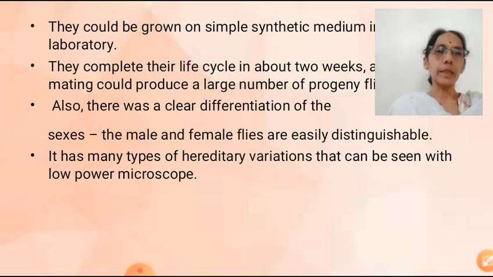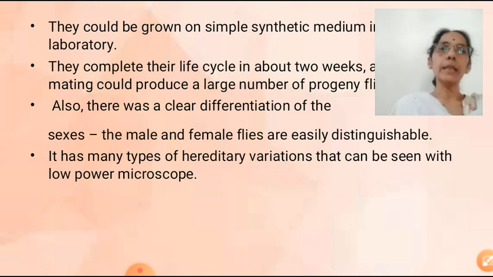So today you have studied what a dihybrid cross is. It is a cross between two plants that differ in two pairs of characters or two pairs of alleles. The characters selected are round yellow and wrinkled green. F1 generation is heterozygous round yellow. In the F2 generation we got the ratio of 9:3:3:1. After this, Mendel formulated his third law of inheritance, called the law of independent assortment.